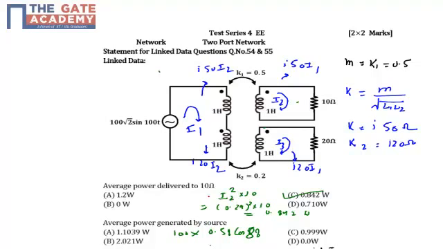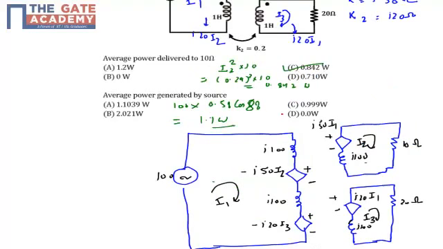In the earlier case we applied the I squared R formula. With the source voltage and source current, my value will be equal to 1.1 watt. So the correct option is option A, which is equal to 1.1 watt.